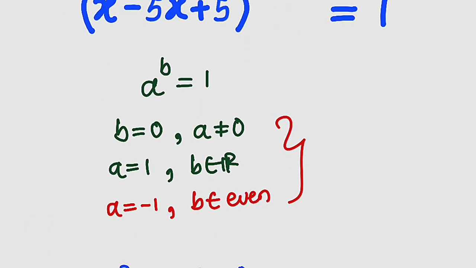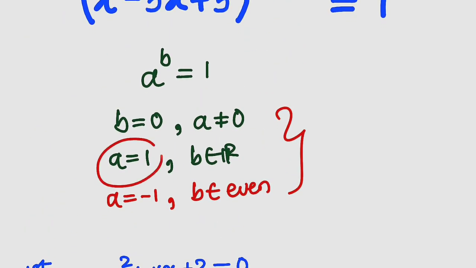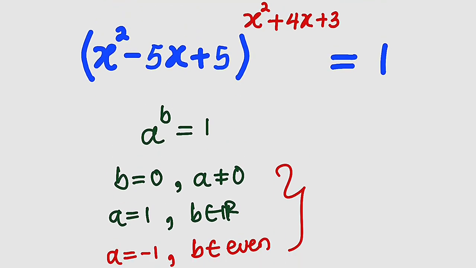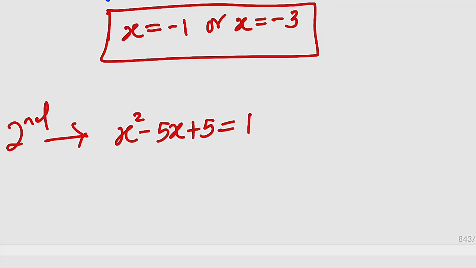The second condition stated that if the base is equal to 1, irrespective of what the exponent is, and the base is what? x² − 5x + 5. Let us subtract 1 from both sides. We have x² − 5x, and 5 minus 1 is 4. This is equal to 0. This is another quadratic equation that can be factorized. Let us think of two numbers we can multiply together to get 4, but when we add them together, we get -5.